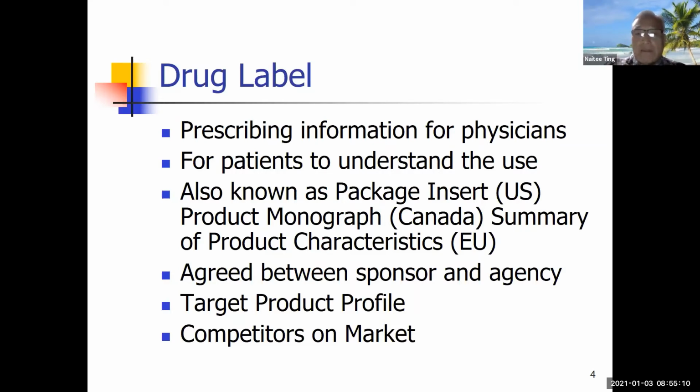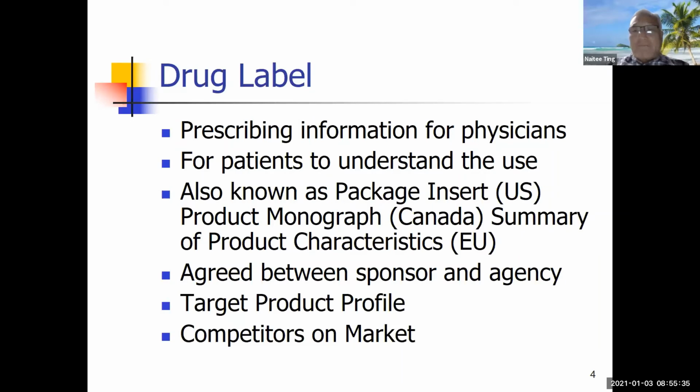Now, another way to look at this label is from a company's point of view. Global companies like Pfizer, Eli Lilly, Bristol Myers Squibb, Johnson & Johnson, what they would hope is to come up with a drug label that applies globally, internationally.